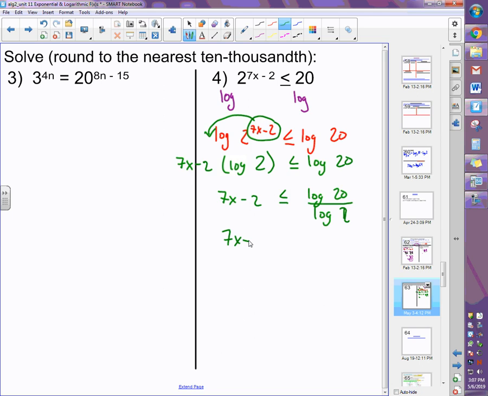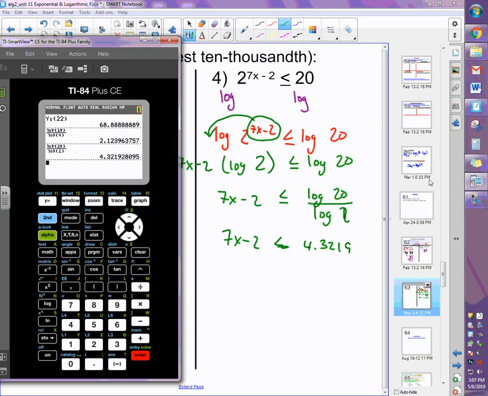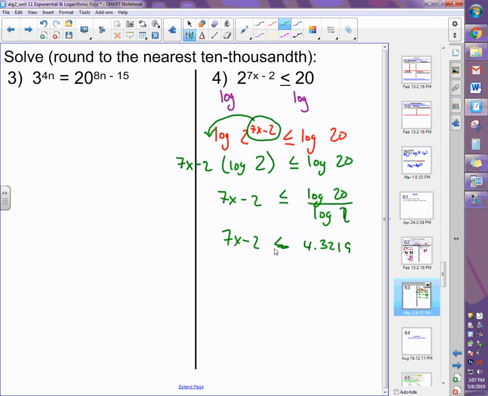So 7x minus 2 is less than or equal to 4.3219. We want a lot of decimals, and when it says ten thousandths, that means 4 places behind the decimal. So now I would add 2 to both sides, so that's 7x less than or equal to 6.3219.